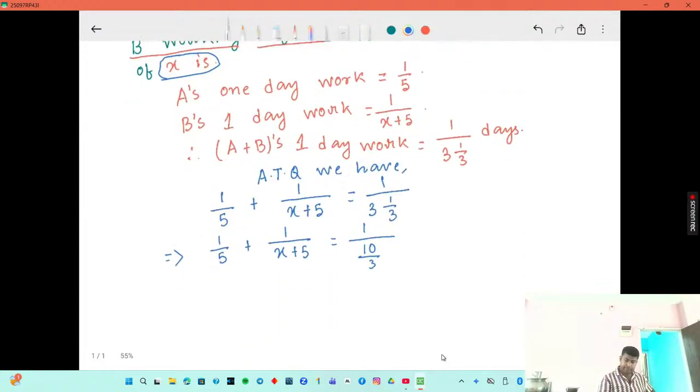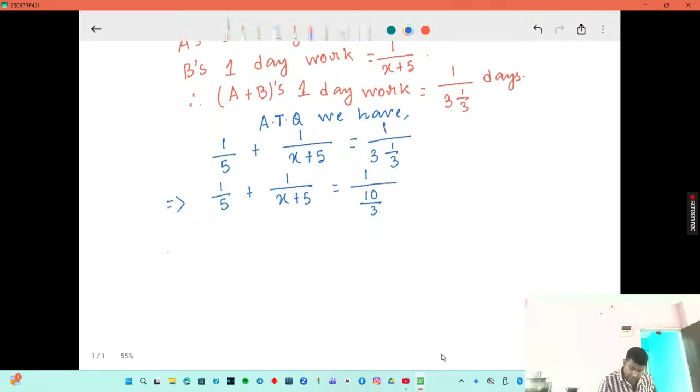Okay, so now 1 by 5 plus 1 by x plus 5 is equal to 3 by 10.